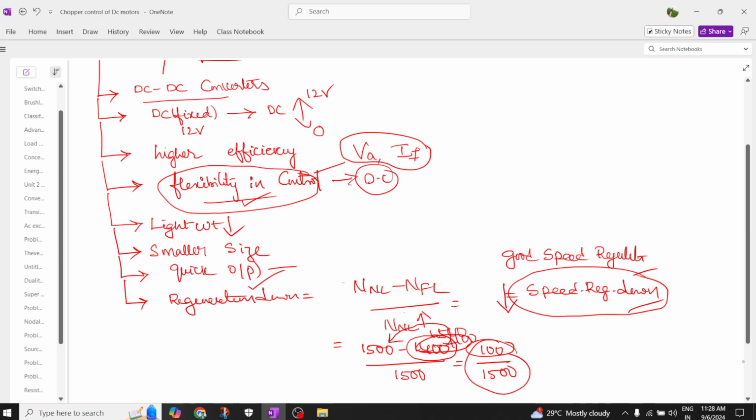I can say that DC to DC converters, choppers, offer better speed regulation. Regulation down indicates that they are able to adjust the voltage and current to the motor and try to maintain the required speed, whatever is demanded by the load.